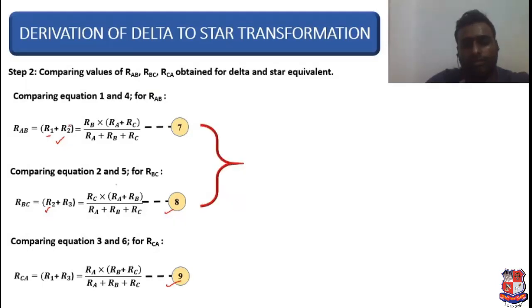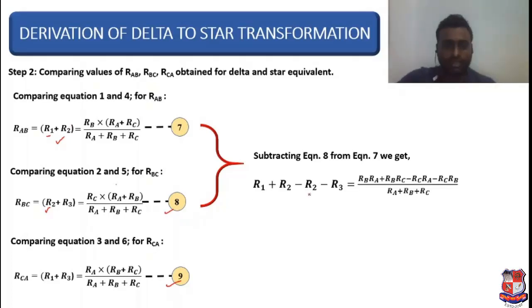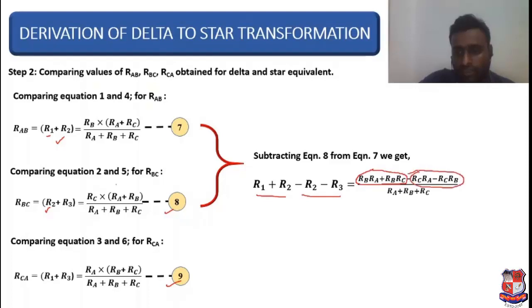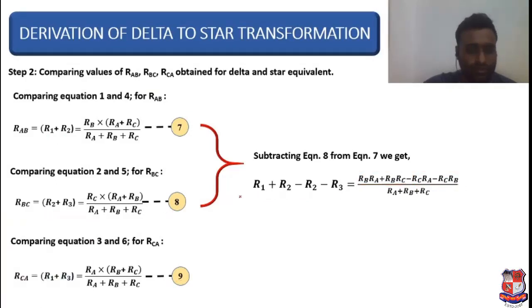Okay, so let us begin. Over here, subtract equation 8 from 7. R1 plus R2 is subtracted, so these two equations are subtracted. So what will you get?